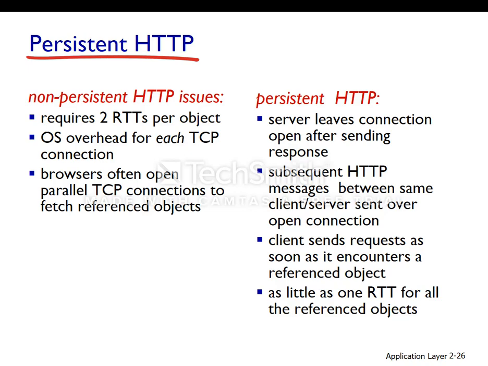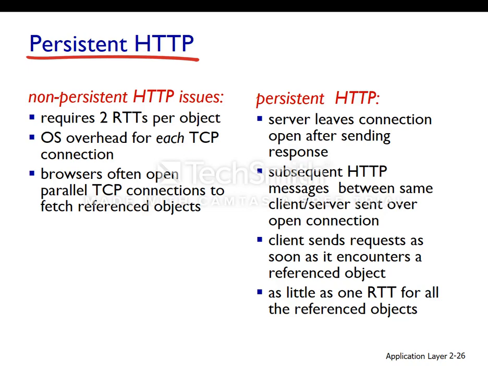Now with persistent HTTP, as I mentioned earlier, which came about with HTTP 1.1, the server sends an object and then leaves the connection open for a little bit of time. Not long, but some time. So if you have another request originating in that short bit of time, you can still send over that TCP connection that is open.